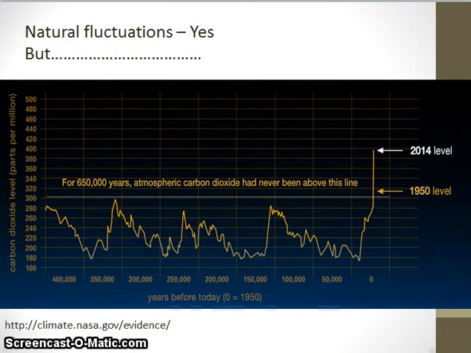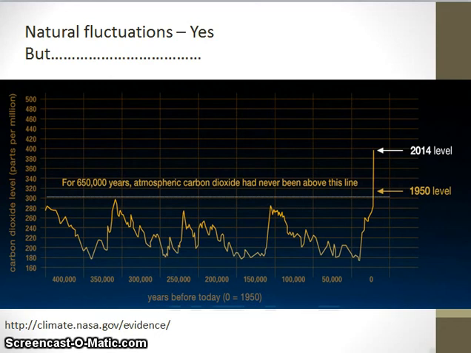Lots of people want to say that these fluctuations in carbon, temperature, and so on are natural. Here is a graph from the NASA climate website. You can look at these fluctuations in carbon dioxide, and you can see that in the past 650,000 years before the present, atmospheric carbon dioxide has never been above about 300, I don't know if that's parts per million.